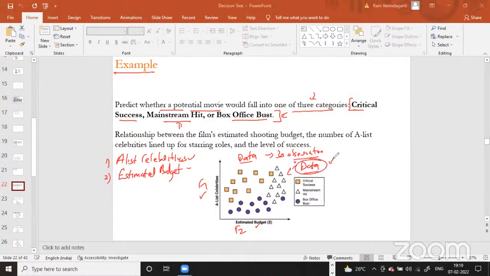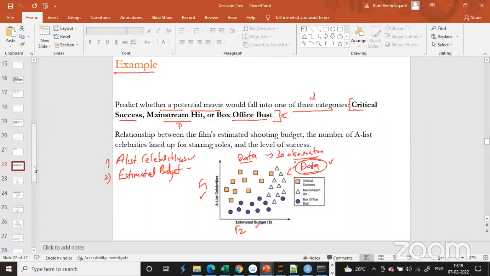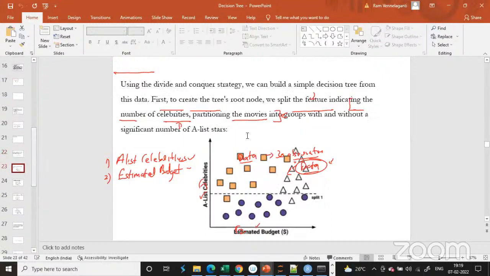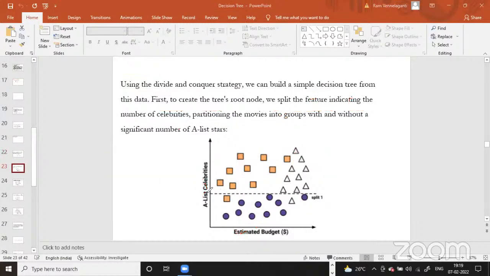Now, if you want to apply the concept of a decision tree, what is the first step? If you want to classify your observations using our two features, whether they are critical success movies, mainstream hits, or box office bust, what are you going to do? Split your data. The starting point is always splitting our data.